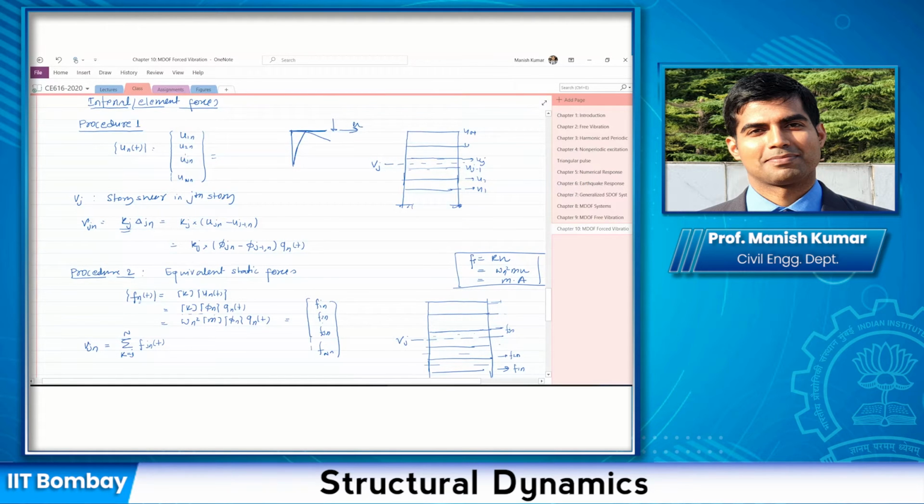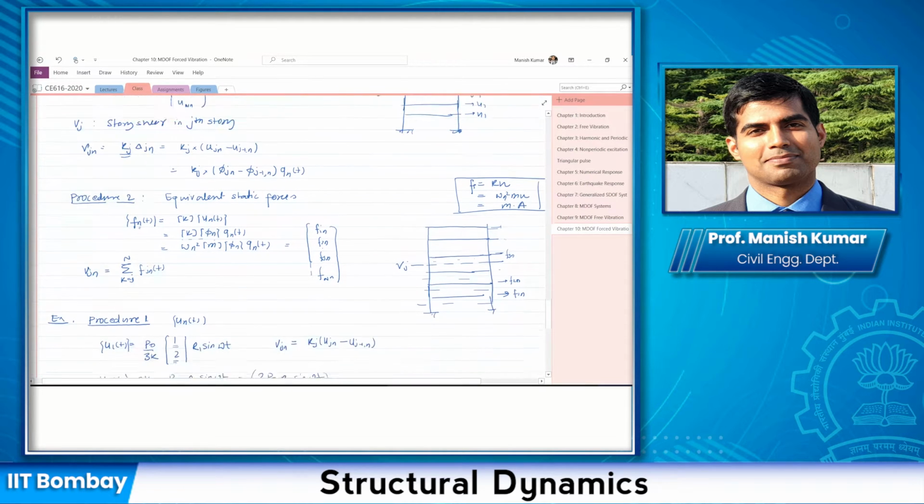So the first method basically relates the displacement at different degrees of freedom directly to the element forces, using the relationships between the stiffnesses, displacements and forces. The second is the conventional approach that we have been using so far.